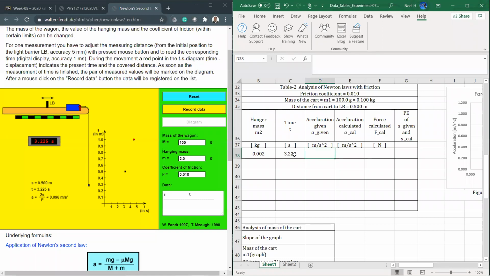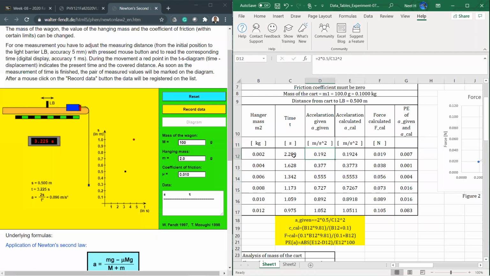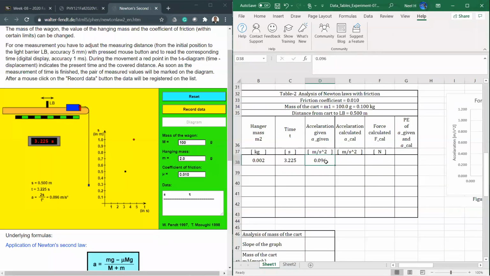Acceleration you can calculate as 2s over t squared, but you can write it down directly. This acceleration number must be less than the previous. Earlier time was 2.2, acceleration 0.192, moving faster, time is less. Now acceleration is lower, moving slower, time is high.